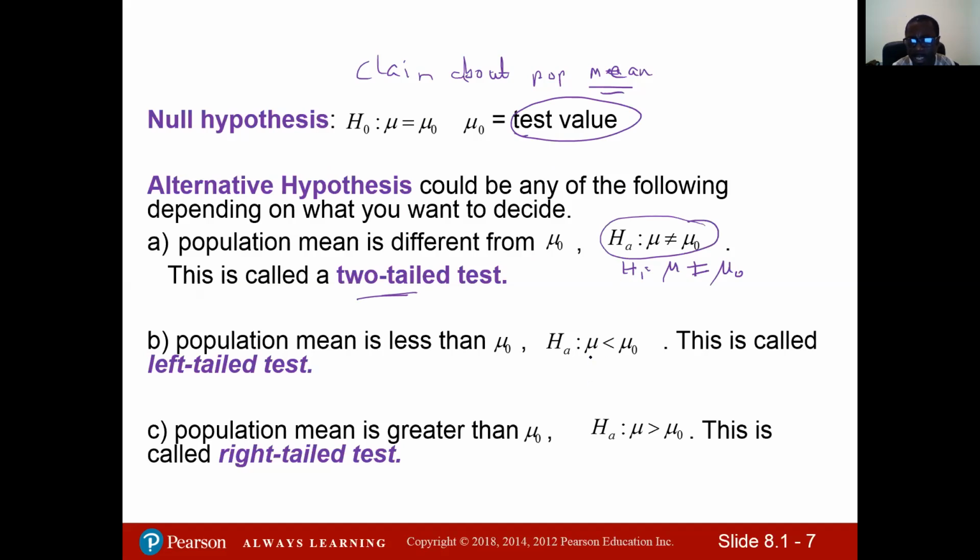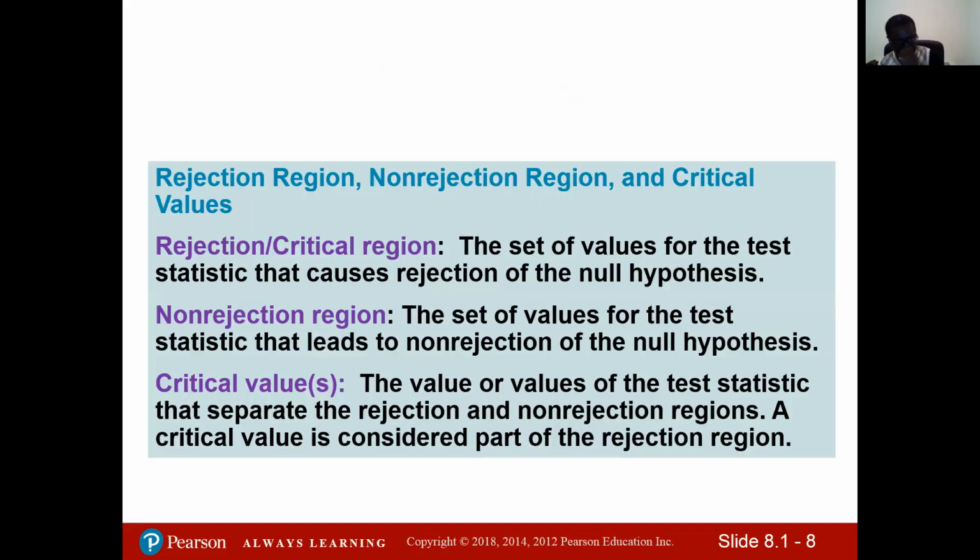Now, if the alternative is that mu is less than, if it has this symbol or this inequality, then it is a left tail test. On the other hand, if it is greater than, then it is a right tail test.